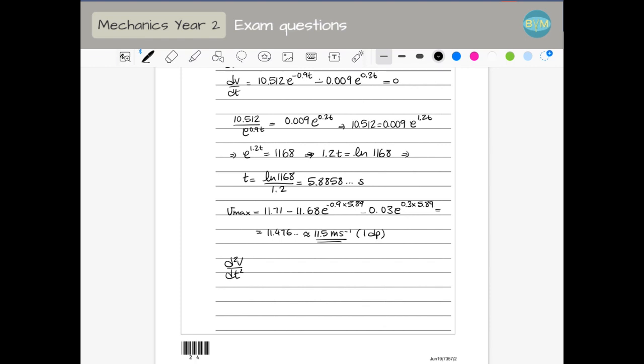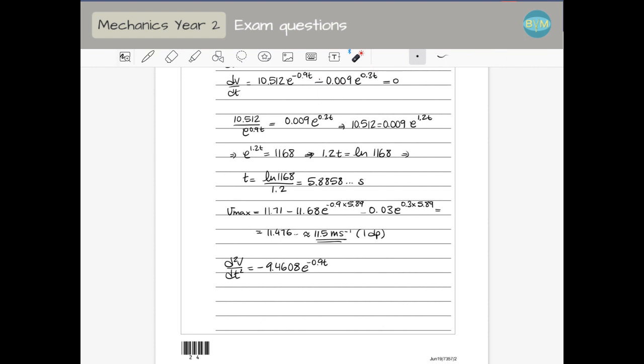So we differentiate again. We have this dv by dt, so we differentiate this expression. We have 10.512 multiplied by minus 0.9, which is minus 9.4608 e to the same exponent.